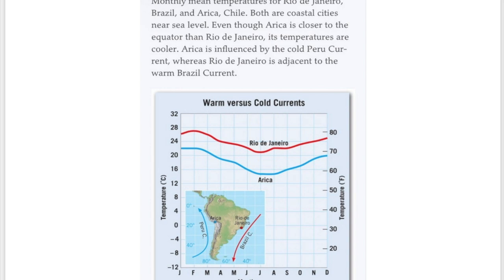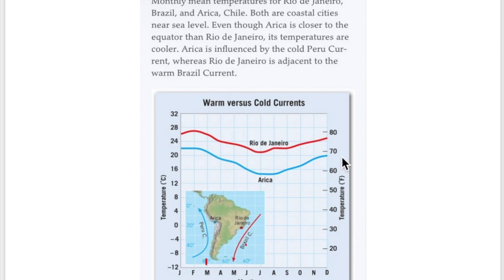So here we could see the chilling effect of a cold current versus a warm current. The monthly mean temperatures for Rio, Brazil, and Arica, Chile, both are coastal cities near sea level. Even though Arica is closer to the equator than Rio, its temperatures are cooler due to the influence of the Peru current that we see here. Arica is influenced by the cold Peru current, whereas Rio is next to the warm Brazil current.